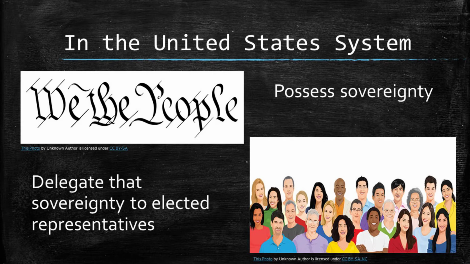And as I said, in the United States, we divide the authority to exercise this sovereign power between the states and the federal government. And notice that I said we delegate the exercise of this power, or give the authority to exercise the power, because in the United States we recognize that the people are sovereign.